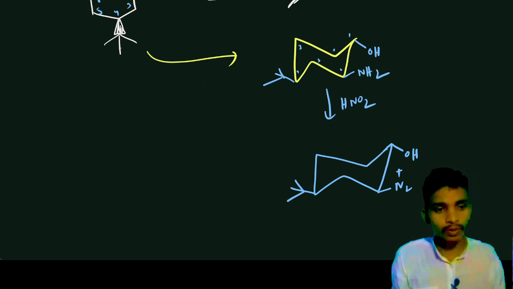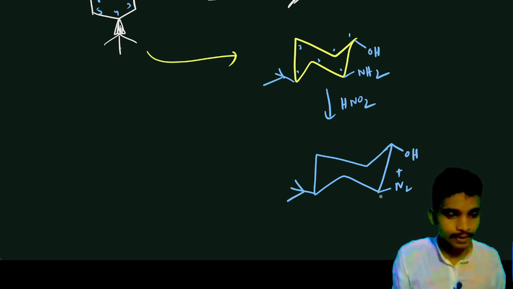So now, this is a 2 degree carbocation. So here SN2 reaction is possible. So here you look at the anti-periplanar system. Here this is N2, so its antibond is on this side.